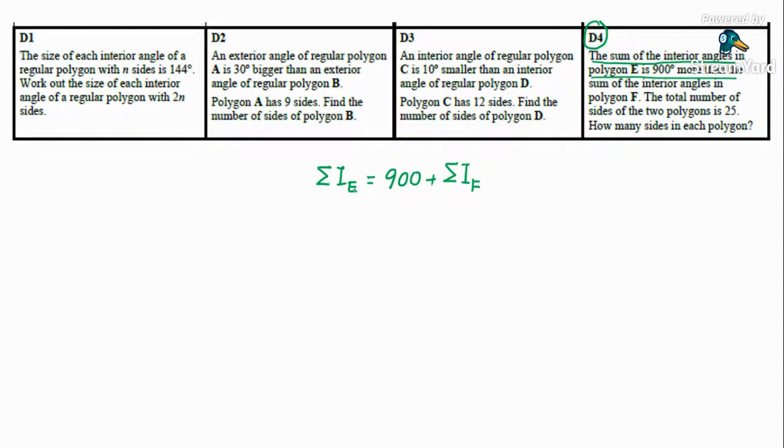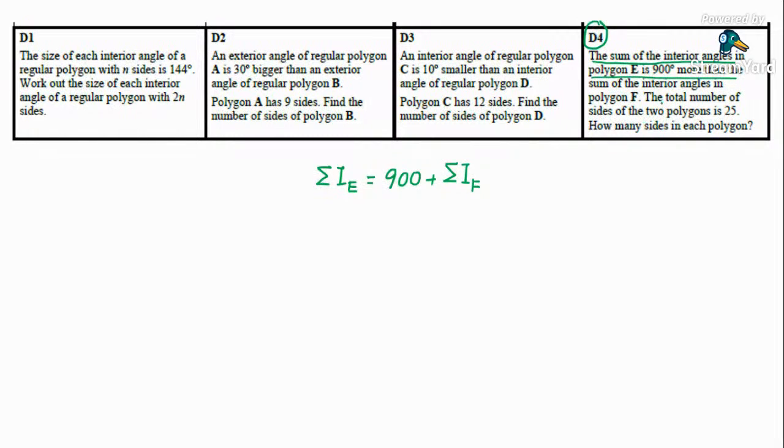The sum of interior angles of E is equal to 900 plus this because E is a larger value. It has 900 more, so 900 more means we add it.